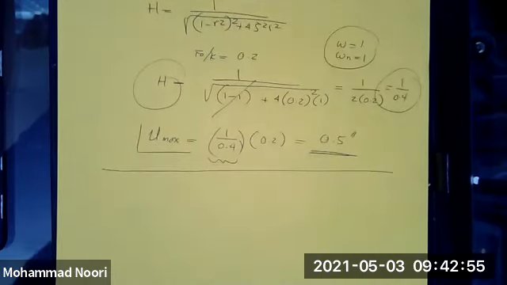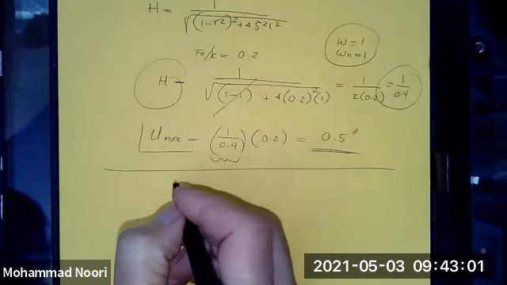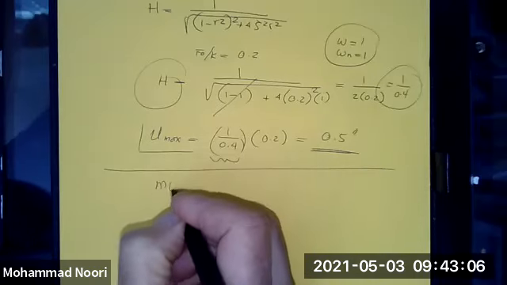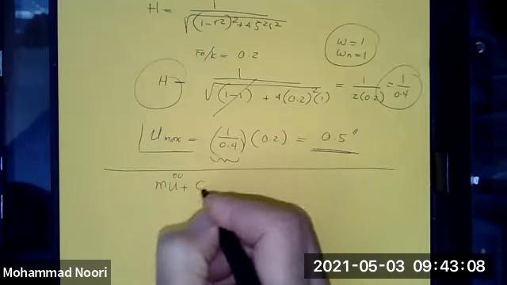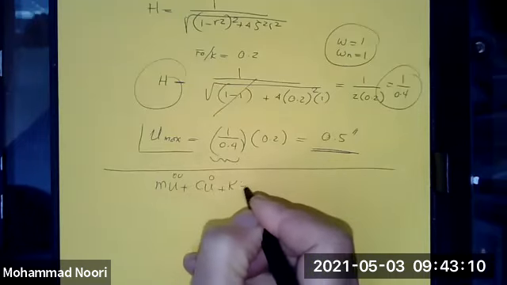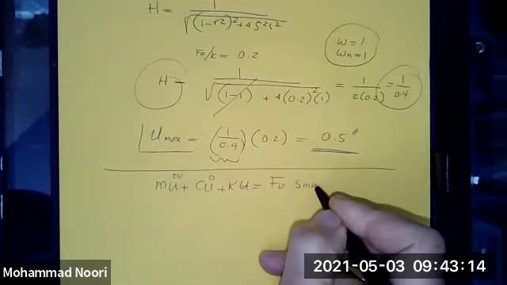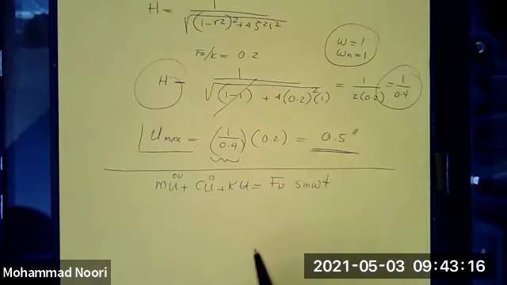Again, I'm sorry, what is the original U max equation? You remember, if you have the equation of motion, m u double dot plus c u dot plus k u is equal to F naught sine omega t, right?